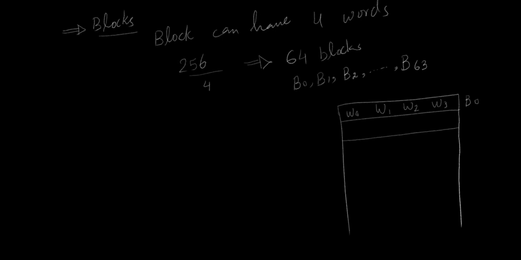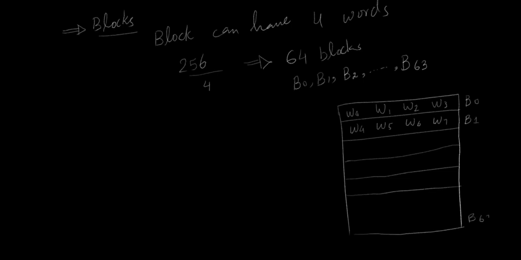Similarly, I will have the next block. It will have word 4, word 5, word 6, and word 7. That's going to be block 1. And then similarly, I will have block 2, block 3, block 4, and it will go up to my block number 63, which is going to be my last block.